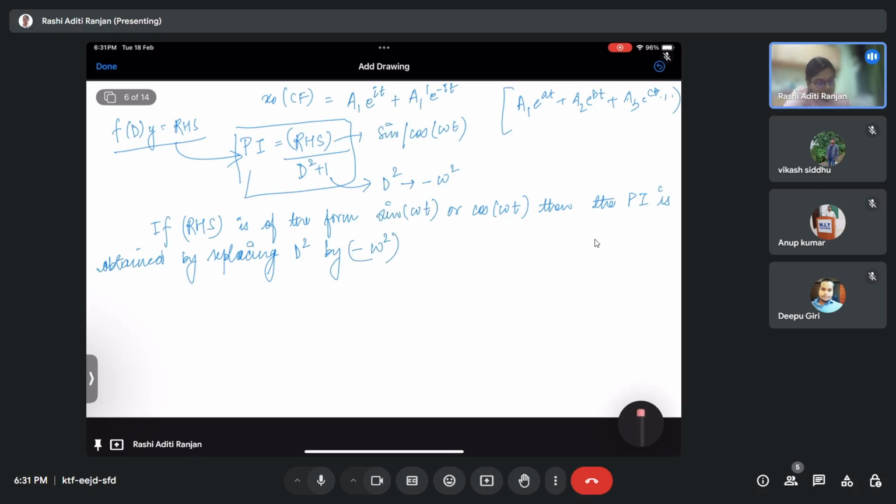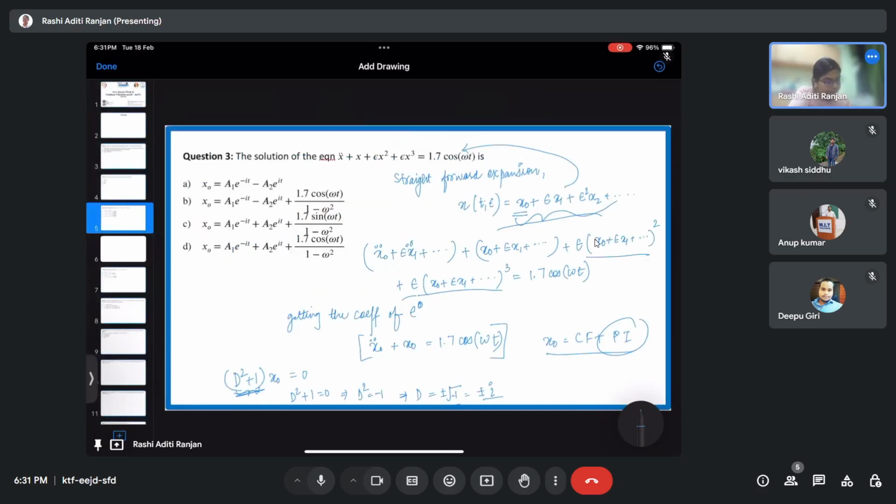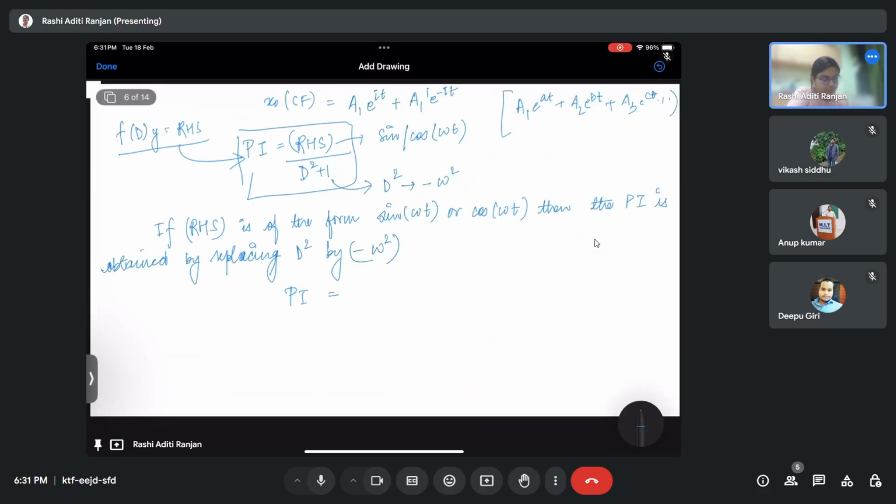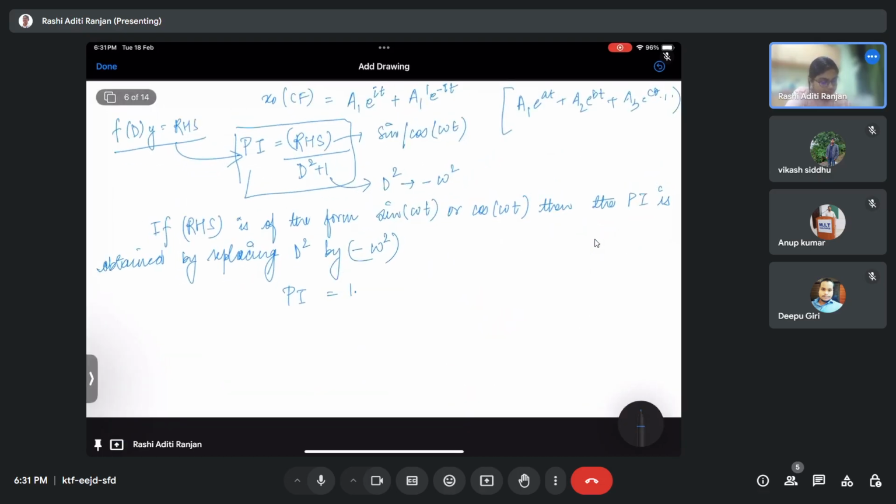So in that case, my particular integral will be the RHS, which is 1.7 cos of omega t, and I have to replace d square by minus omega square, so I'll have 1 minus omega square. So this is my particular integral.